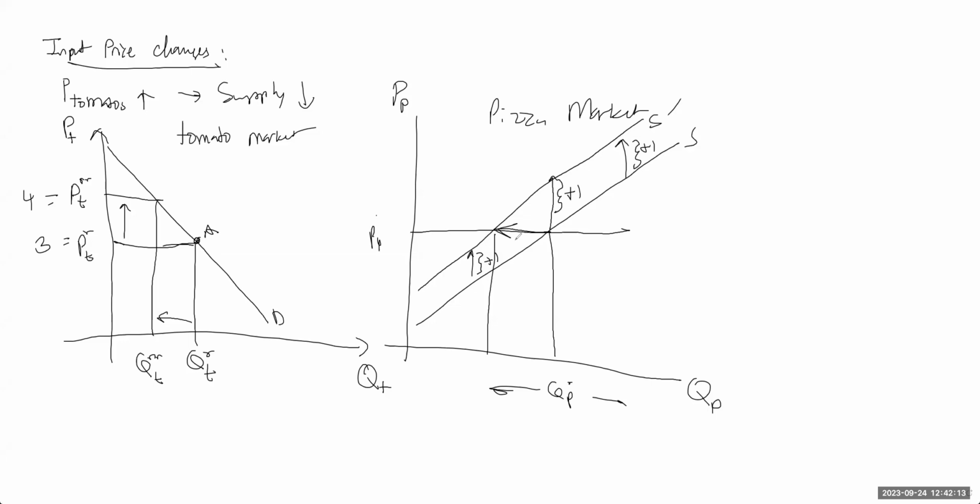That's a decrease in supply. Or for a given price, they're selling less pizza. Okay. So again, when the price of tomatoes go up, supply of pizza falls. Okay. Hopefully that makes sense.